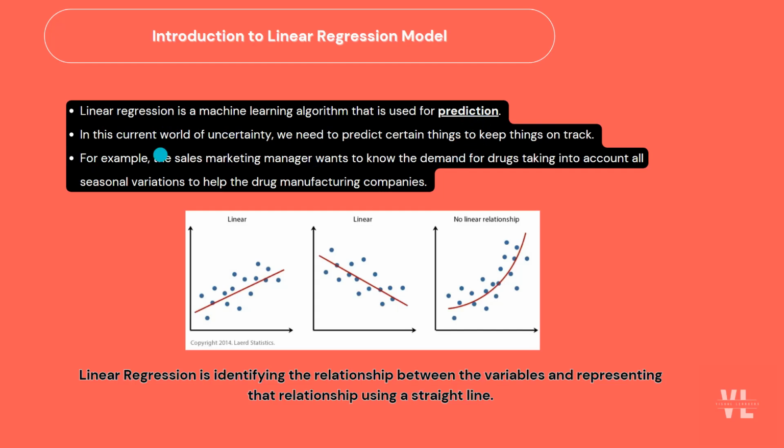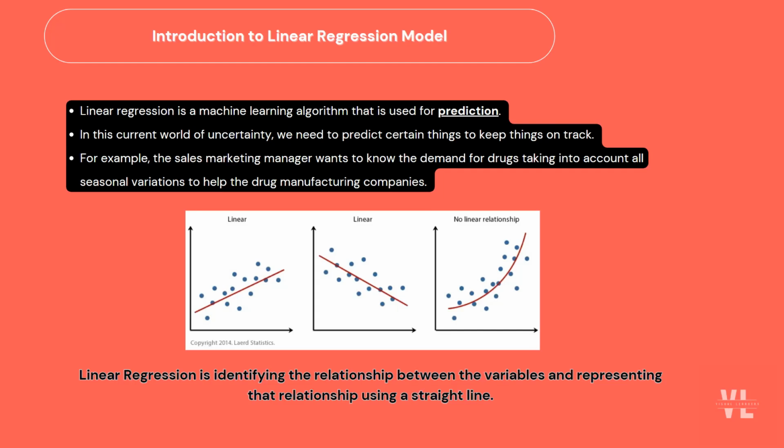In this current world of uncertainty, we need to predict certain things to keep things on track. For example, the sales marketing manager wants to know the demand for drugs, taking into account all seasonal variations, to help the drug manufacturing companies. This is one use case where we could implement the linear regression model. I also gave another example of predicting the stock over a certain period of time. That's also a regression problem.